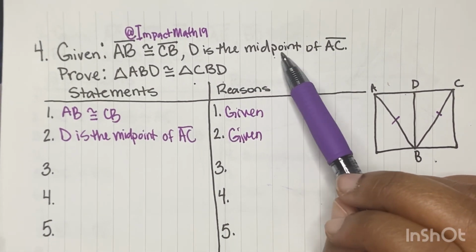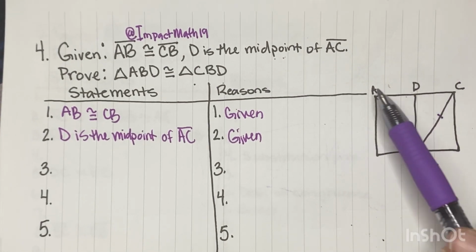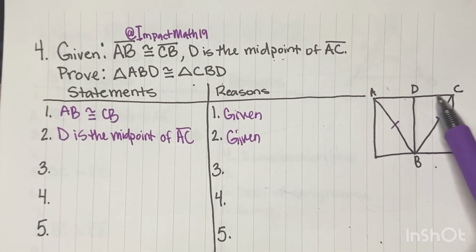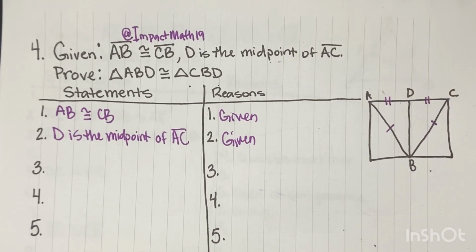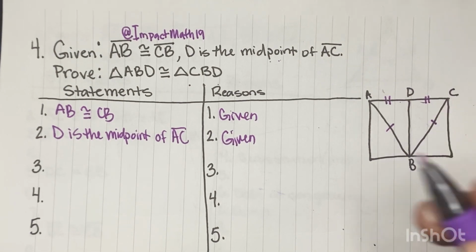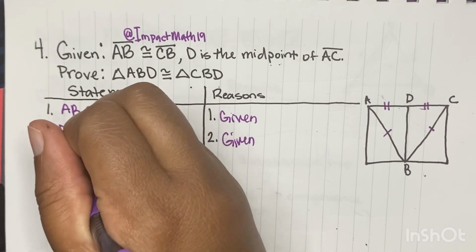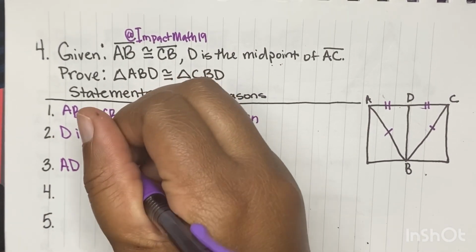What that is telling us is D is the midpoint of this line segment. So what that creates is 2 congruent segments. This distance has to be the same as this distance. So we could say AD is congruent to CD.